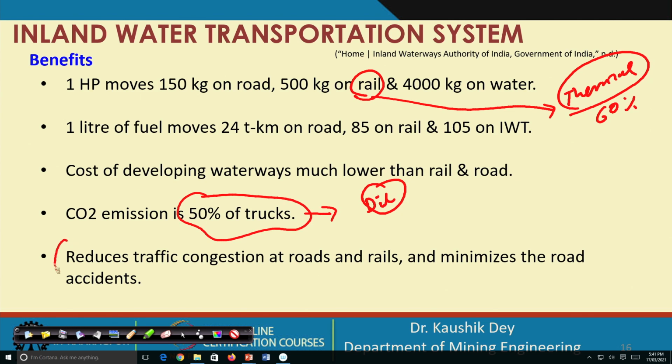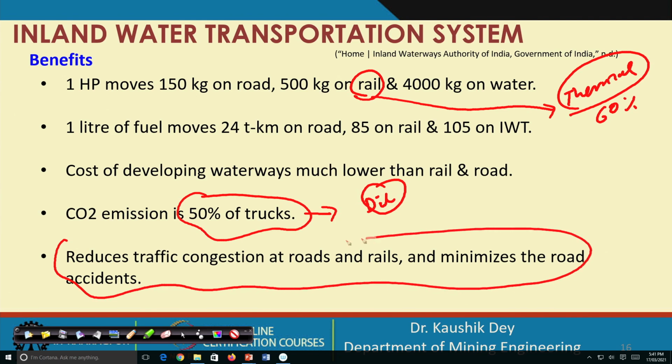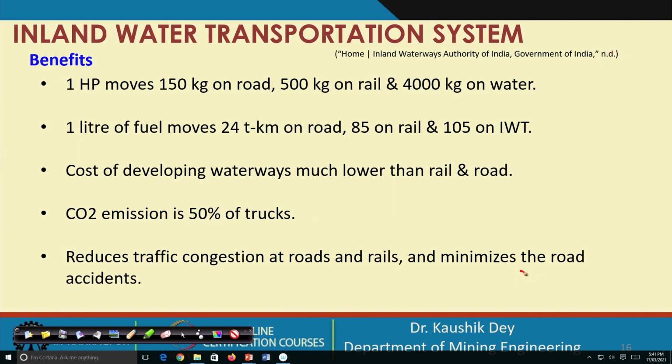And traffic congestion is not that much, and the most significant part is that the question of road accidents is almost 0. When the inland water transportation system is there, unless the ship crews face any problems, accidents are almost 0.